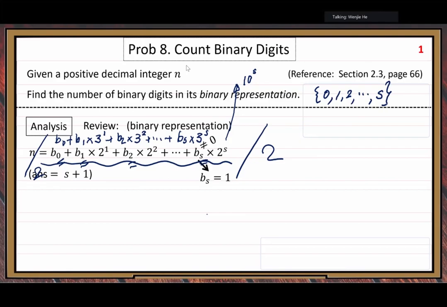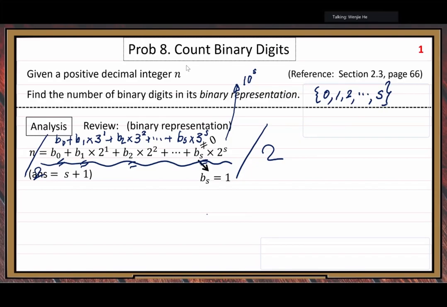Consecutive integers, S plus 1, right? Because you have 0. If you ignore 0, you have S. If you cover that 0, you have S.